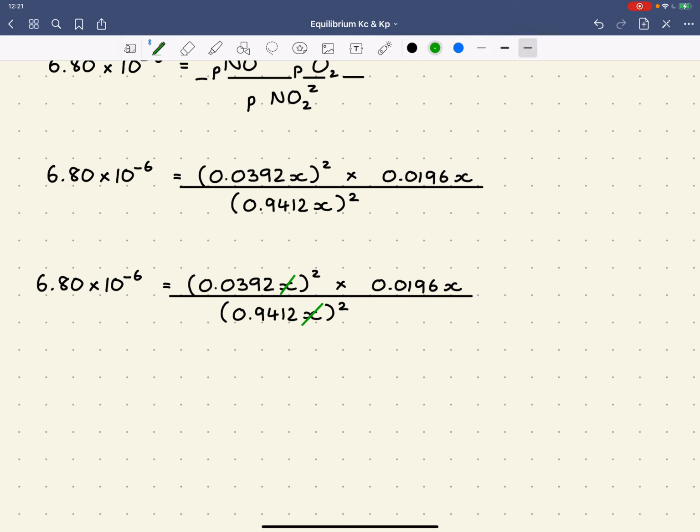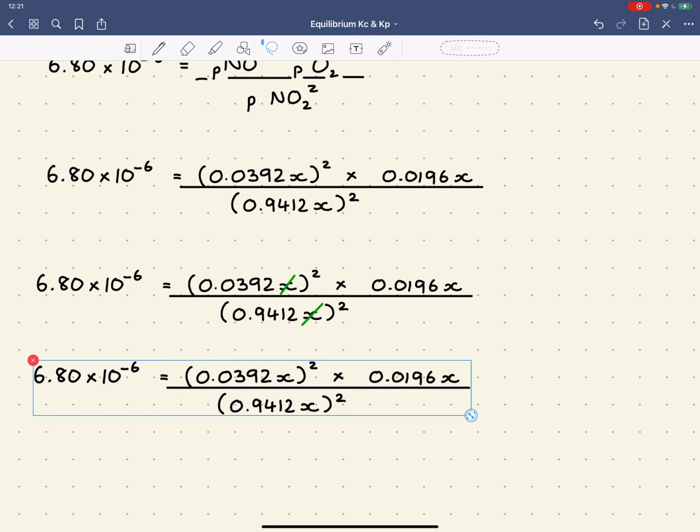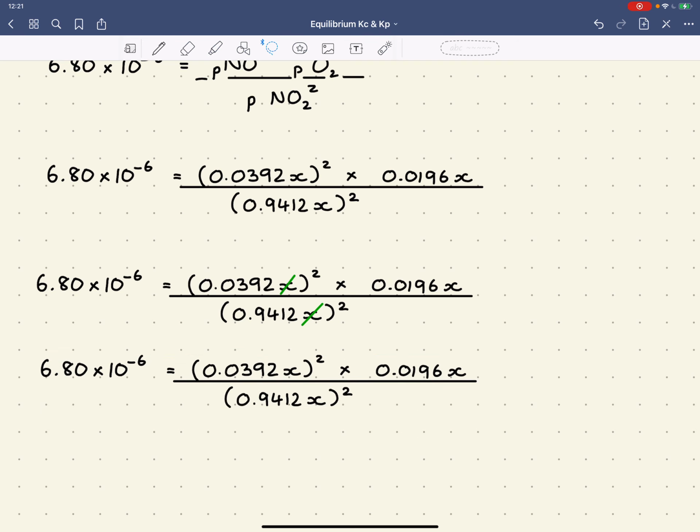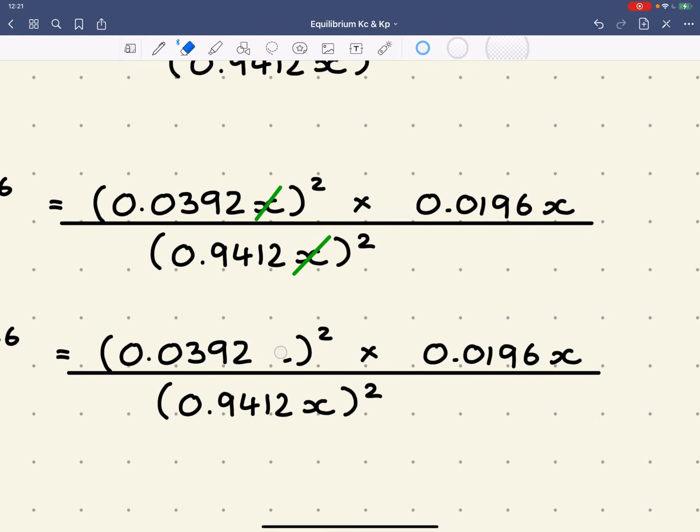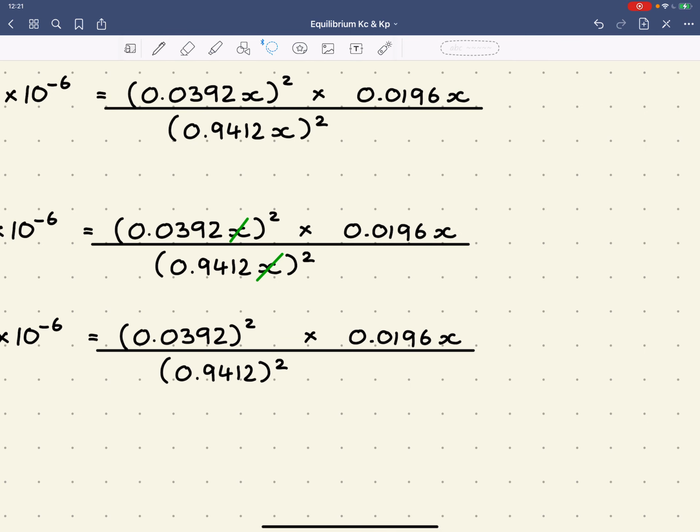So we can get rid of this X and this X, and we've now got the following calculation.